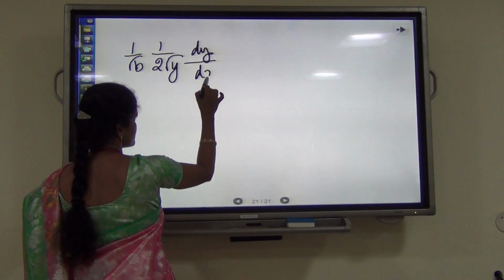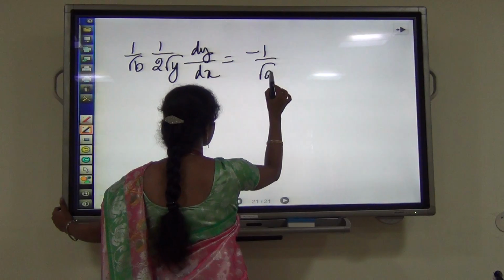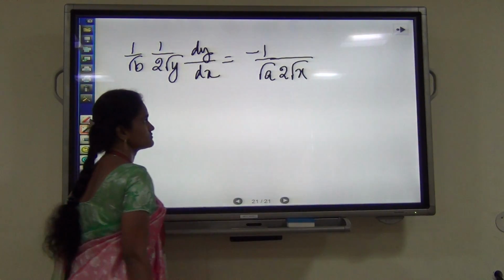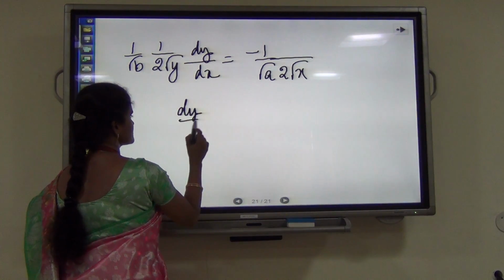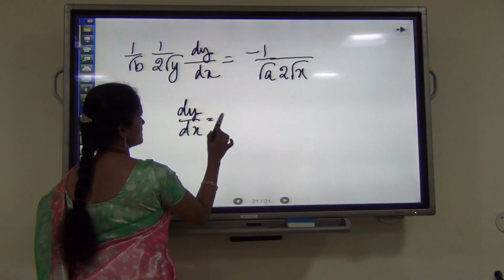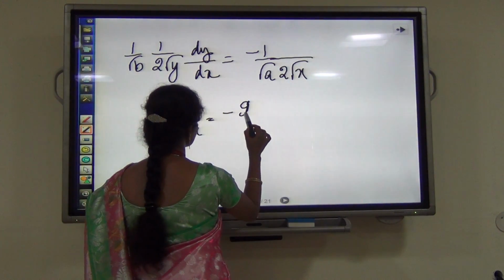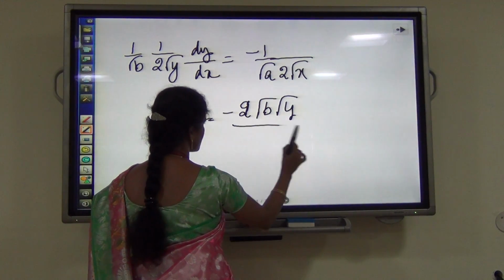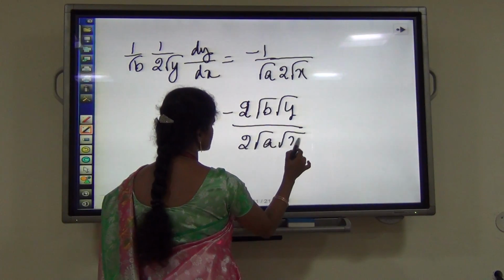Take the first term to the other side, it is minus 1 by root a into 2 root x. So dy by dx is minus 2 root b root y by 2 root a root x.